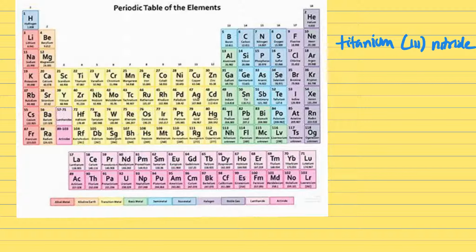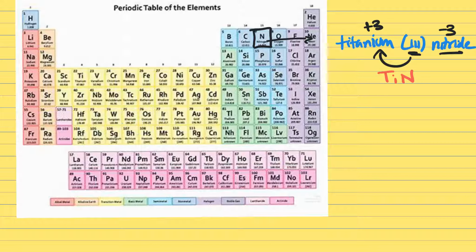For titanium, the Roman numeral tells us the charge. Since this is 3, we say +3. Now we have nitride. We look at the periodic table and find nitrogen. It's much easier for nitrogen to gain 3 more electrons to look like neon, so this will be a -3. Notice this is a 1-to-1 ratio, so the chemical formula for titanium nitride is simply TiN.